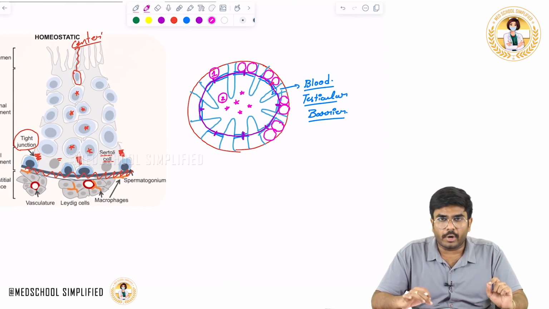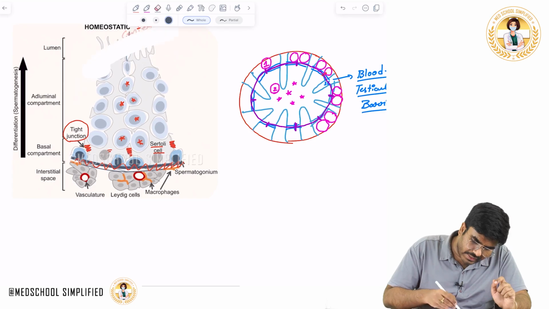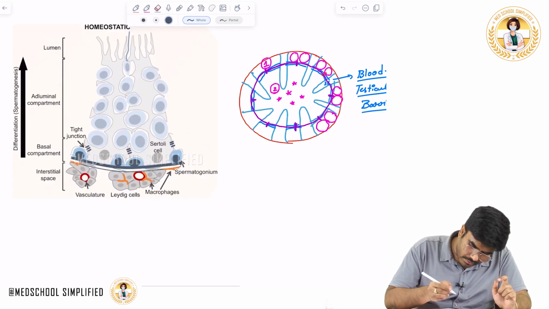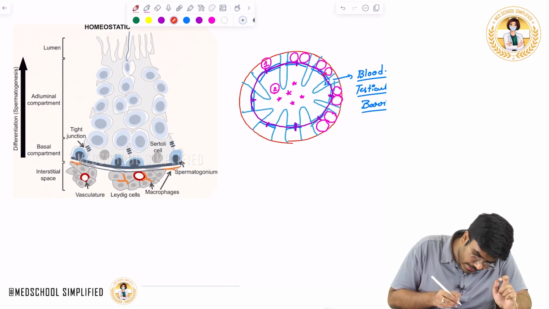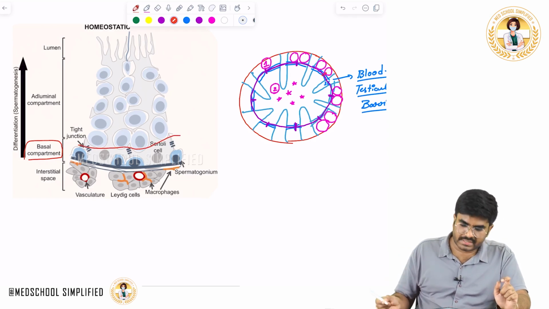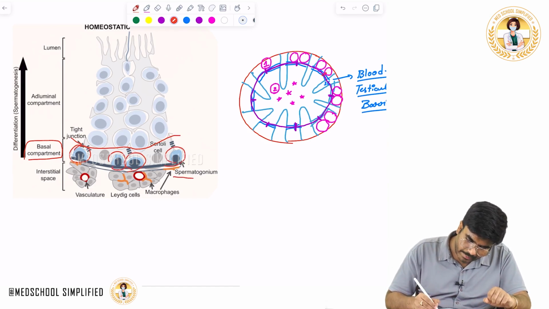So what are these two compartments? Come to this diagram again, where the compartments were clearly given. This outside compartment is called the basal compartment. Who is present in the basal compartment?